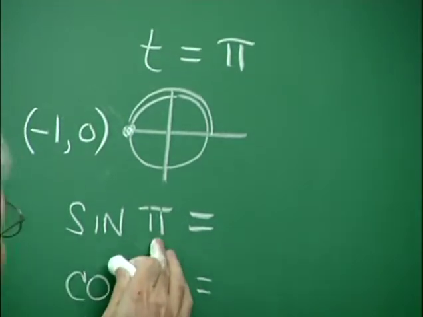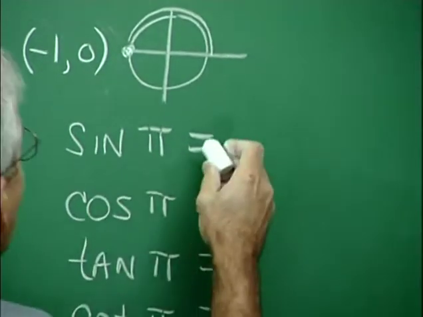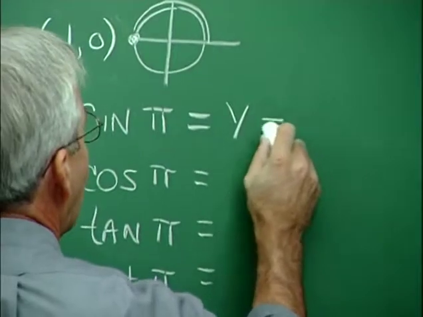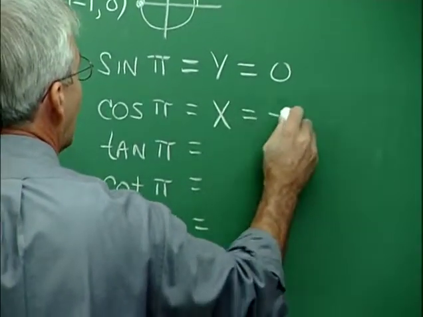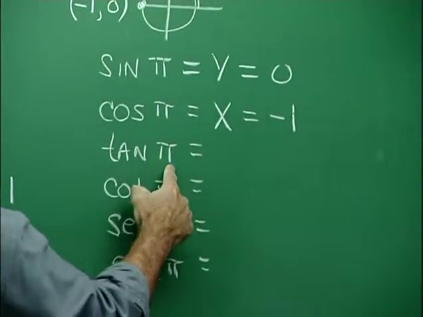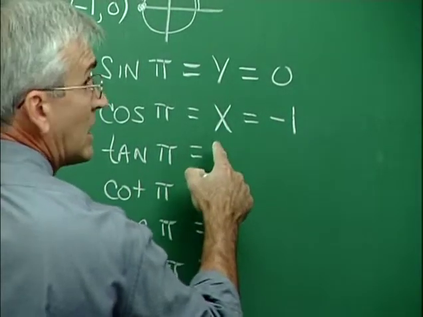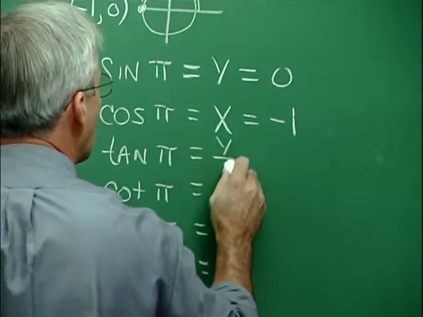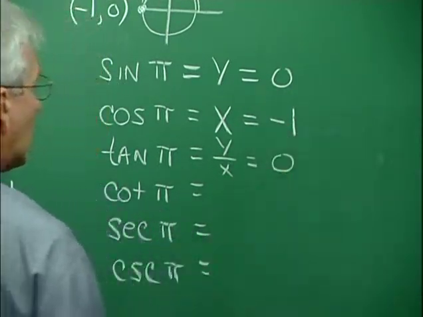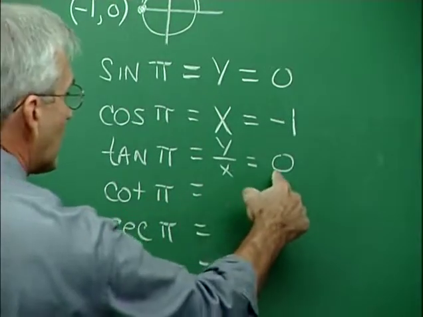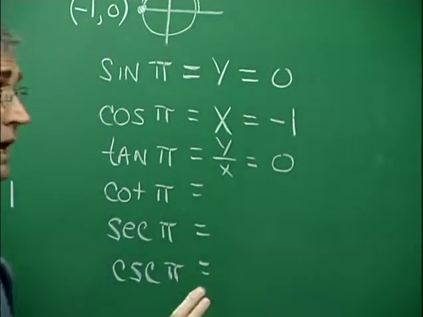And now we can generate our trig functions. The sine of pi then would be, let's see, it's the y component, and that is 0. The cosine of pi is the x component, and that's -1. The tangent of pi is, well, let's see, it's y over x. So that would be 0 over -1. Oh, that's 0. And now the cotangent is the reciprocal of 0. Be careful here.